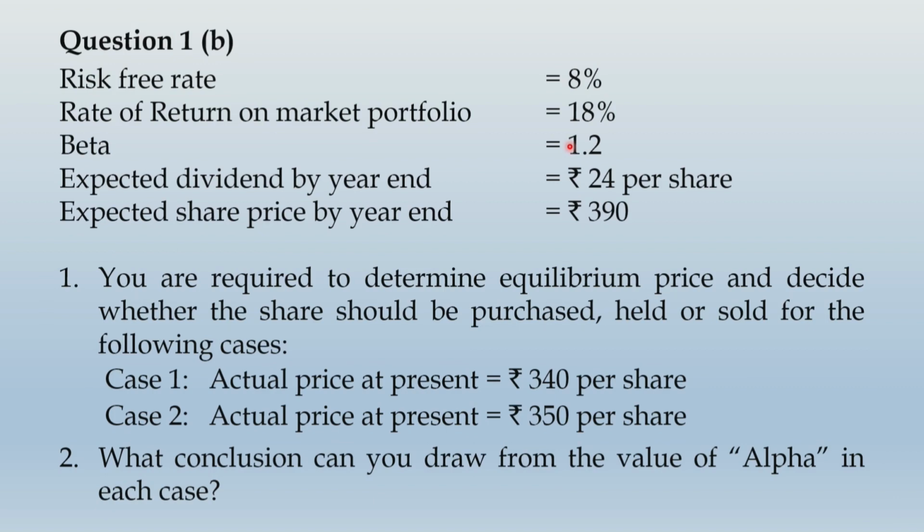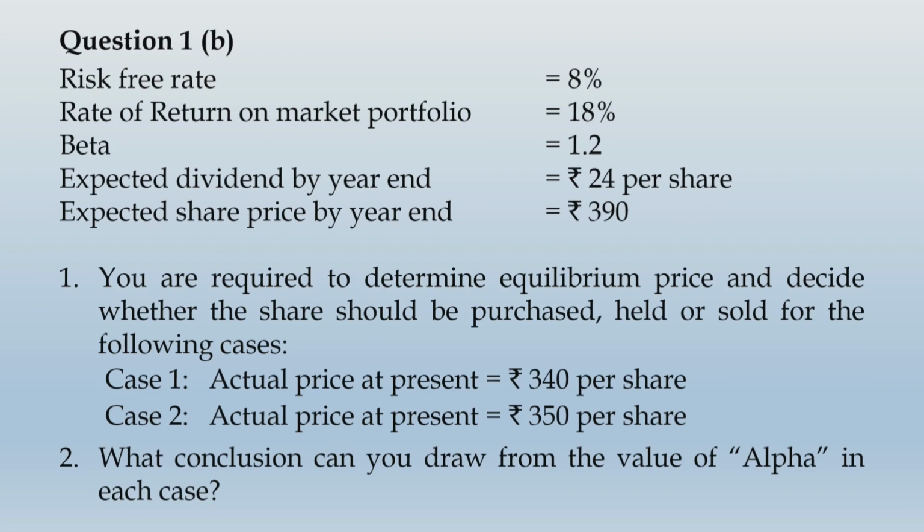Once you get the expected rate of return as per CAPM, with that information, when you link the expected dividend and expected share price, you can definitely find the equilibrium price, and comparing that with the quoted market price, you may identify whether the stock is underpriced or overpriced, and accordingly decide whether the stock should be purchased, held or sold.